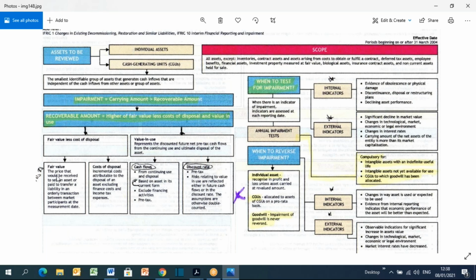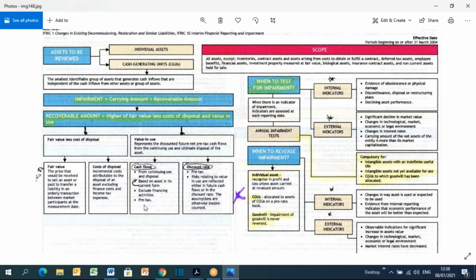And what is the cost of disposal? Again, the cash flow when calculating the value in use of that asset. You're calculating this by using a cash flow, but the cash flow should be based on the asset in its current form, not on what plans the management might have, or that the management is planning on investing in that asset.